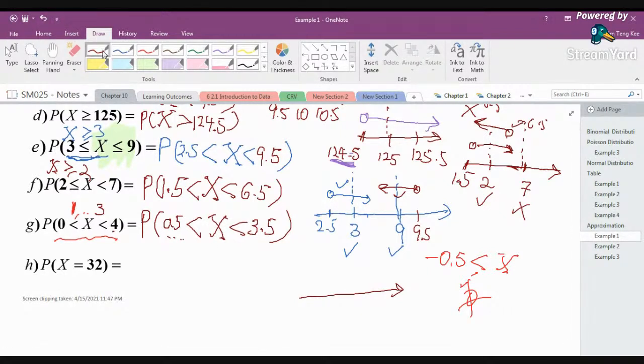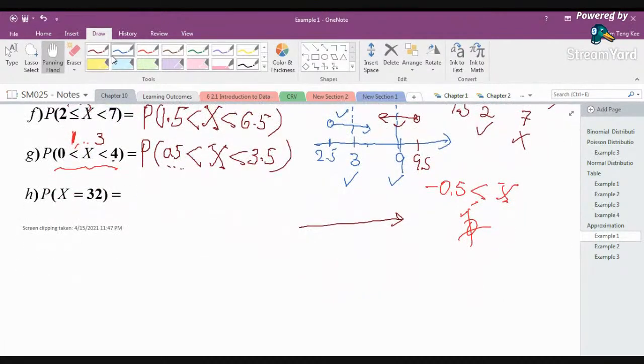Lastly, when we have equal, it looks so simple, but when we want to do continuity corrections, how do we get the answer? So let's see. 32. To get the answer for 32, again, I need to see this from another point of view. This one is as if I am referring to the probability of this straight line here.